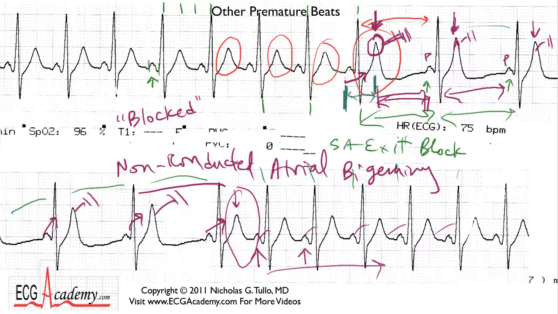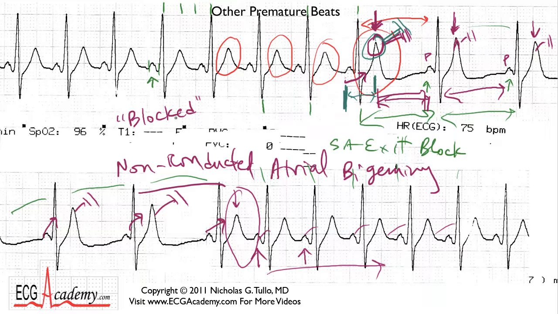So in reality, it's normal physiology for the AV node to act as like a safety valve, to not let rapid atrial rhythms down. We'll see that when we start to talk about atrial tachycardia and other atrial arrhythmias where the AV node actually protects the ventricle against rapid atrial arrhythmias. But in this case, it's kind of a normal physiology to have this premature P fail to get down the AV node.